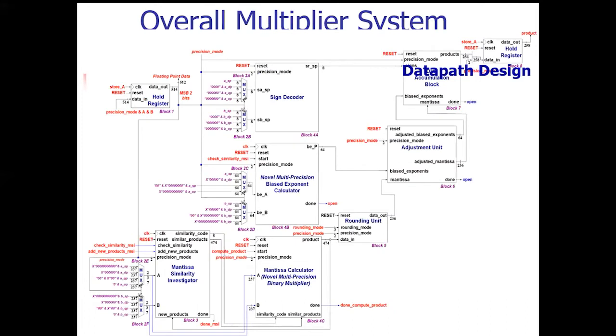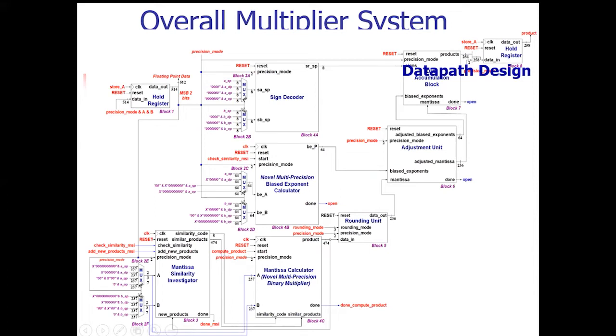So this is the data path design. As you can see, this is the overall system. I tried to crunch it into one diagram where you can see all the words and so on. As seen before, it looks very similar to the concept design, but with more detail.